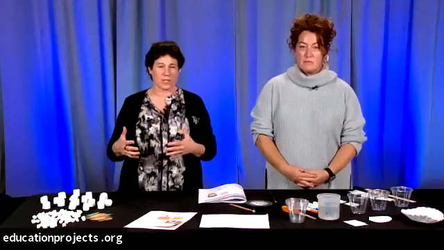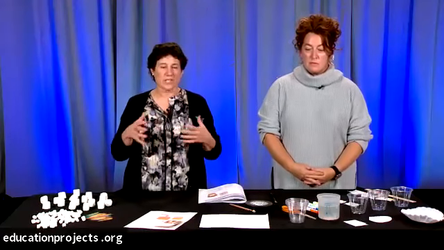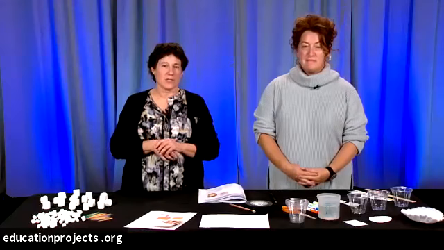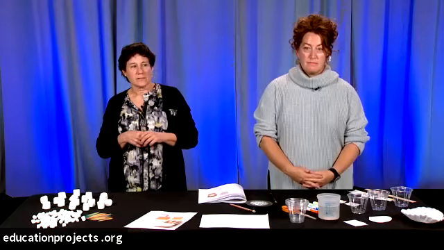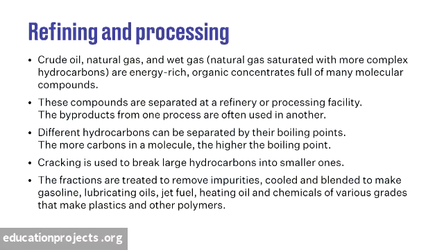So this unit really is talking about how we get those things and what's the chemistry behind some of that. If you can put up the slide, there should be a couple slides here. So basically, these are very long hydrocarbons.